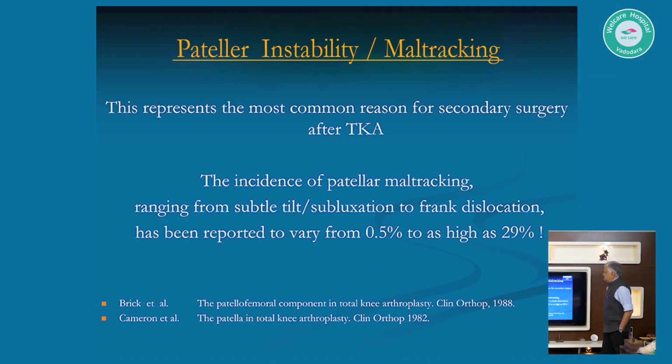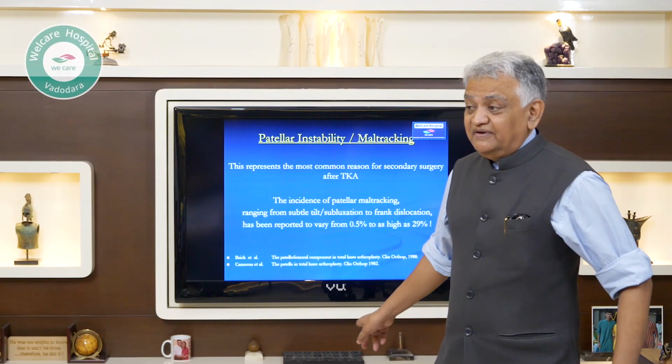This represents the most common reason for secondary surgery after total knee arthroplasty. The incidence of patellar maltracking, ranging from subtle tilt and subluxation to frank dislocation, has been reported from anywhere as 0.5%, which means almost none, to almost 30%. So look at the range.